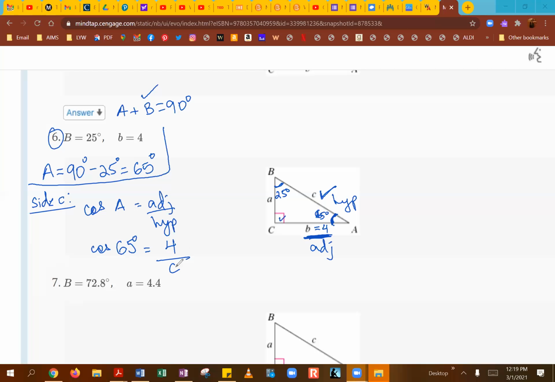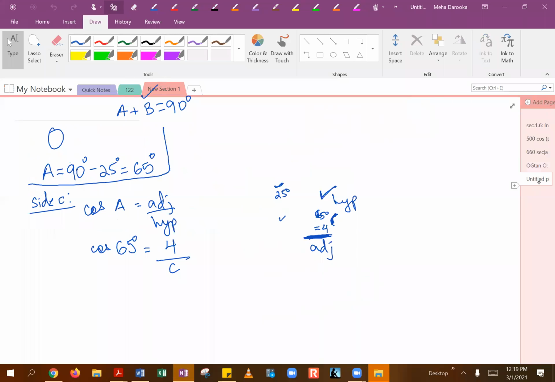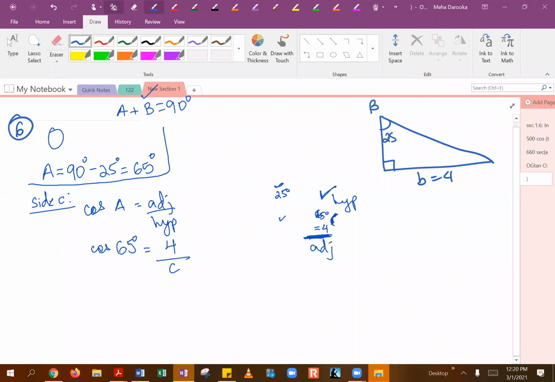So how are we going to calculate that? What will you have for this? So while you guys are calculating this, I'm actually going to transfer this over here so it doesn't look like a mess. This is kind of what we have.